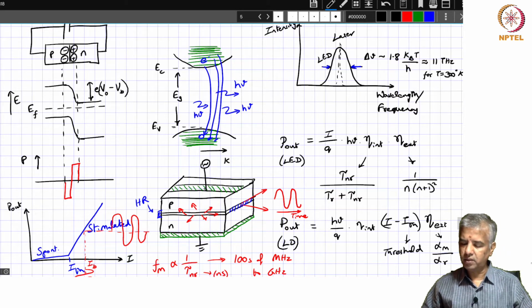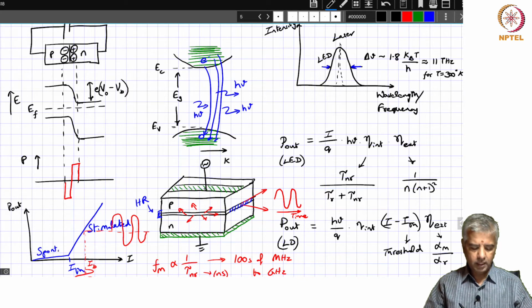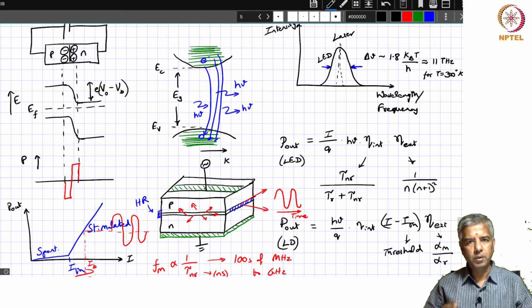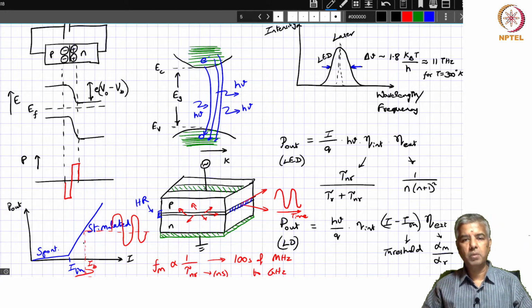So that's the fraction of power that you get out of this light source, and we looked at how the output power varies as a function of the injected current, and we said that when you have relatively low current levels, the same structure would act like an LED, which is based on spontaneous emission of light, whereas if you go to a current level beyond the threshold current level, then you get stimulated emission.